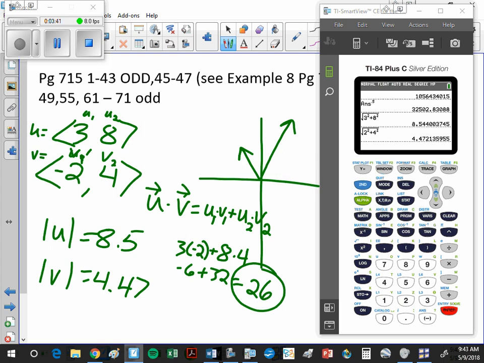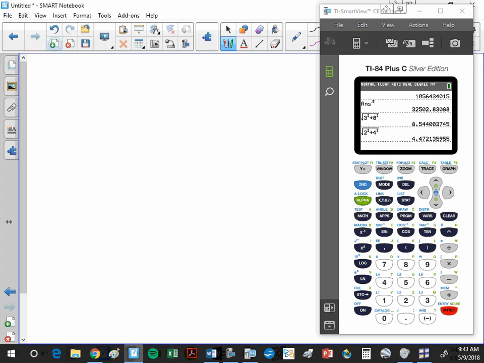Okay? Well, what if u is -4, 1, and vector v is 1, -4?